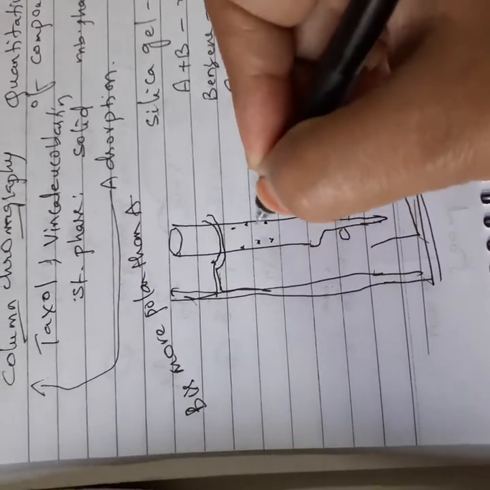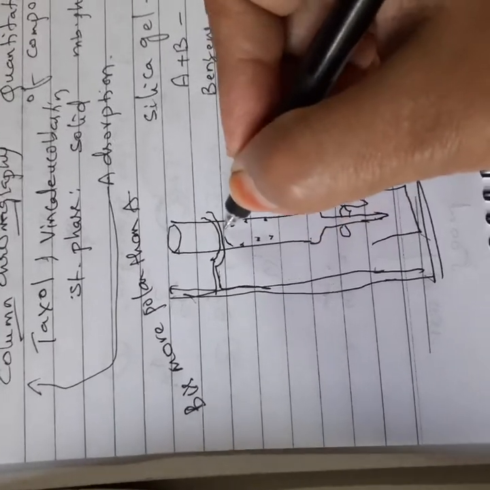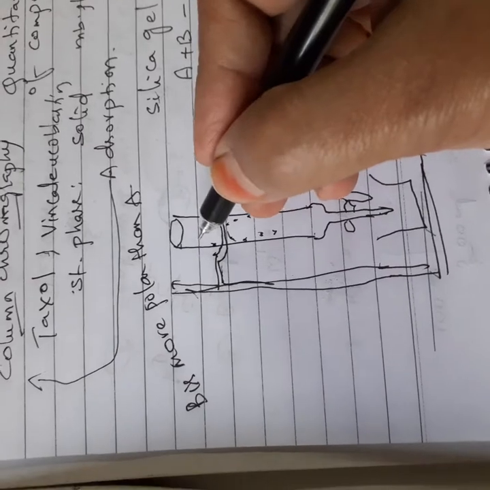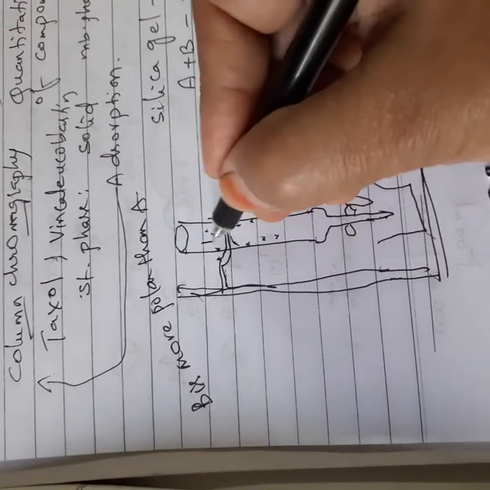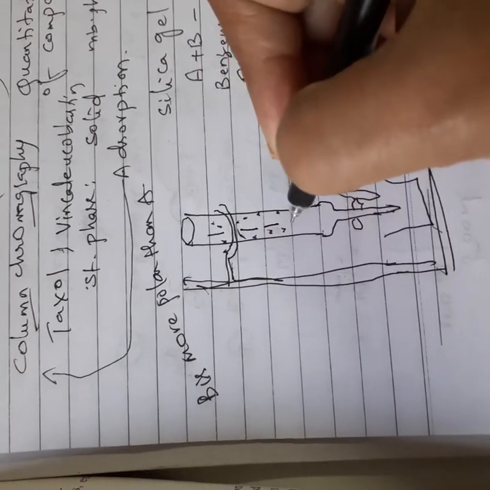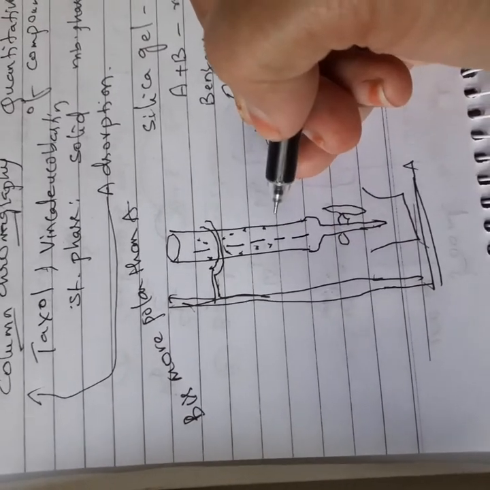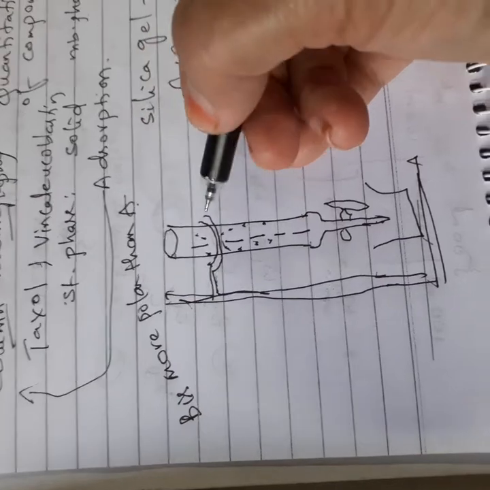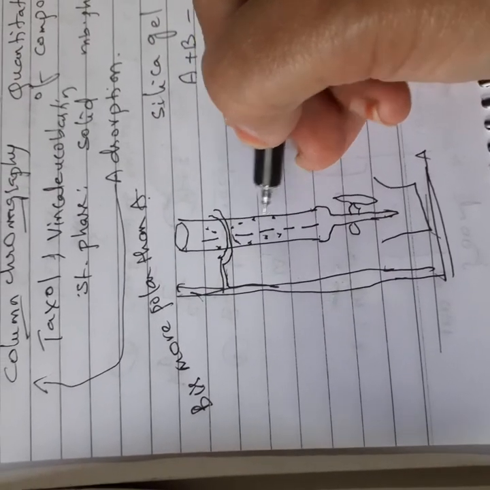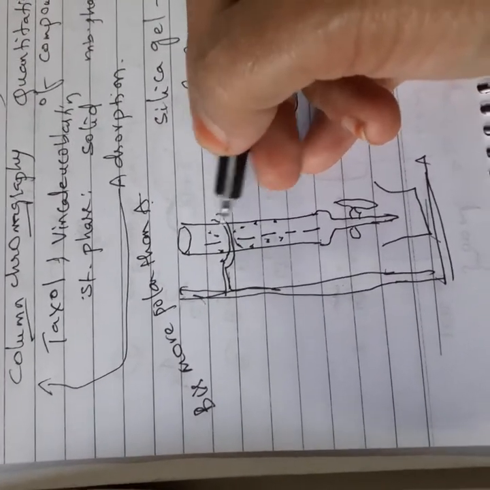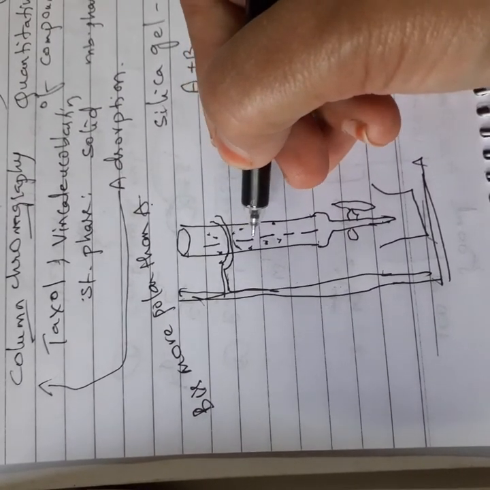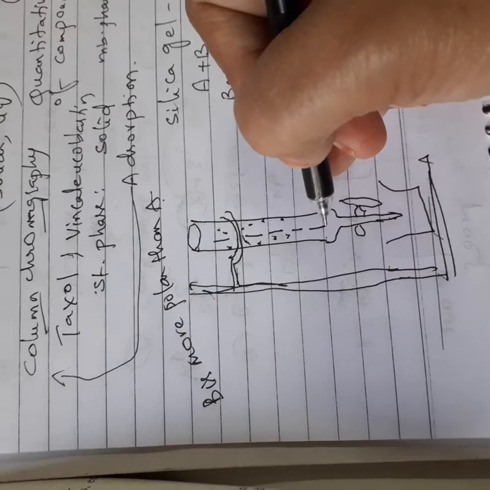Adsorb means, which is a surface phenomenon, right? So B stops at the stationary phase, whereas because A is less polar, this A will travel along with the mobile phase. Because A is less polar, it does not adsorb to the stationary phase, so it will travel along with the mobile phase.